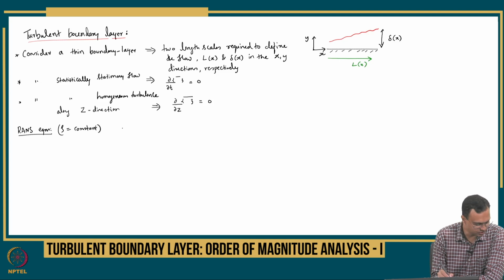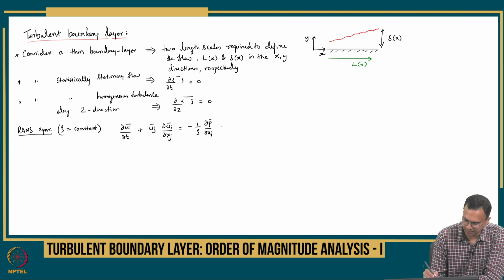The equation is essentially dou ui bar by dou t plus uj bar dou ui bar by dou xj equal to minus 1 by rho dou p bar by dou xi plus the viscous term nu dou square ui bar by dou xj square minus dou by dou xj of the Reynolds stresses.